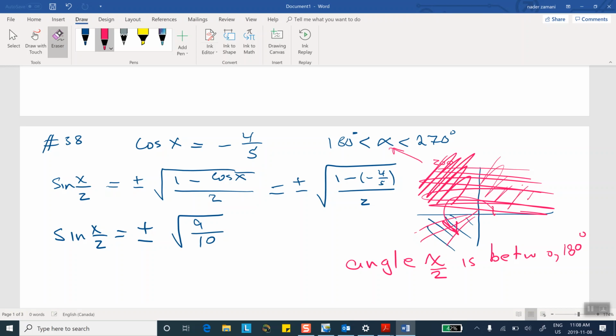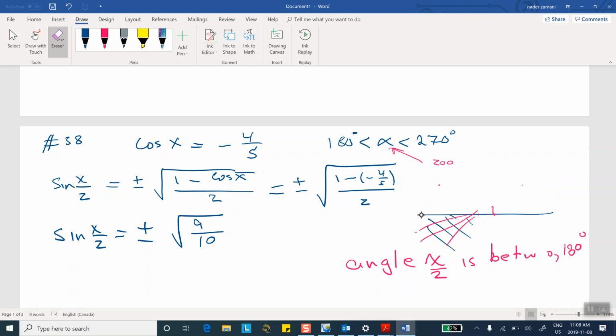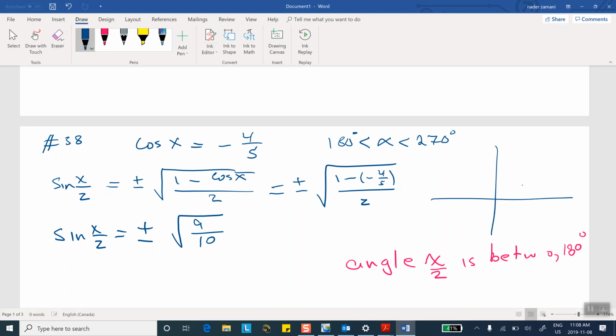Let me clean this up. This has to be done properly. Let's look at it carefully. Okay, there we are. You're told that x is there. This is where x is. If I look at that and divide both sides by 2, we get x over 2 is between 90 and 135.